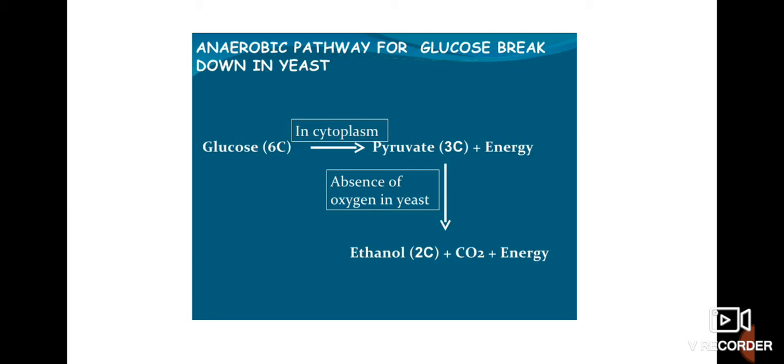In another case, the anaerobic pathway can also take place within the yeast body, and the process we call fermentation. A similar process occurs: the pyruvate generated within the cytoplasm in the absence of oxygen remains within the yeast cell cytoplasm only, and it will produce alcohol in the form of ethanol, carbon dioxide, and alongside two molecules of ATP will be generated.